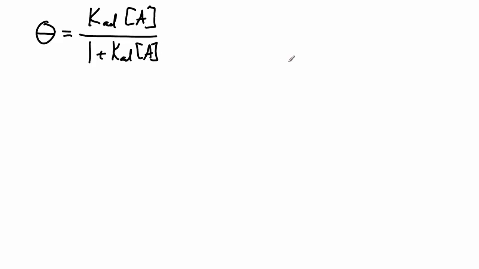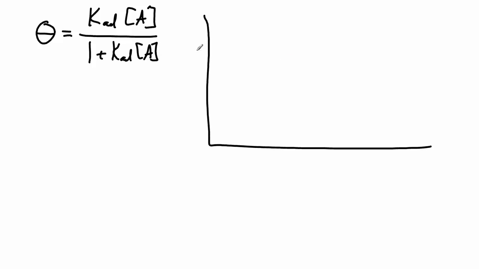So how does that play out if we look at theta versus concentration of adsorbate? We can see that at low concentrations, this term is going to be small compared to 1, which means that it isn't going to matter. The denominator is roughly equal to 1, which means that there should be a linear relationship between theta and the concentration of adsorbate.